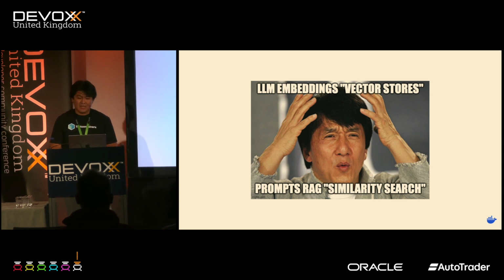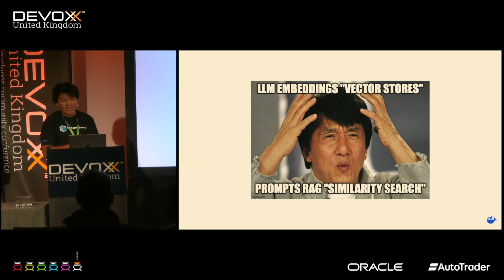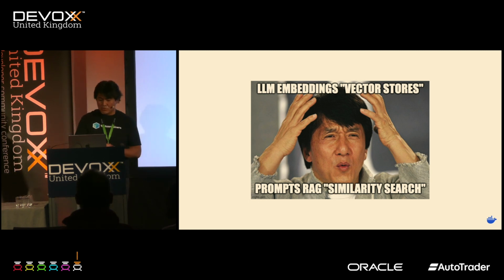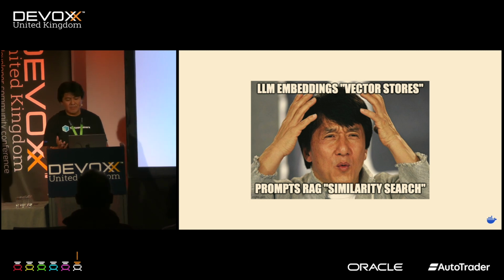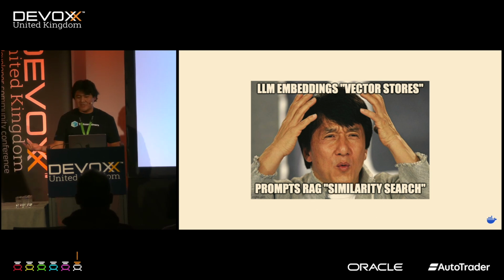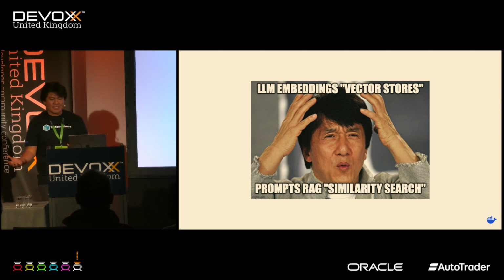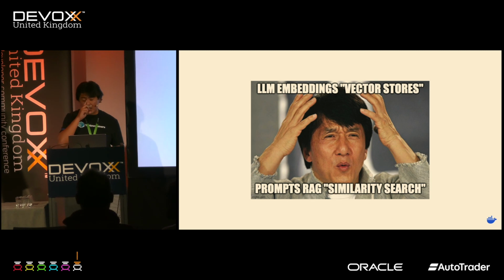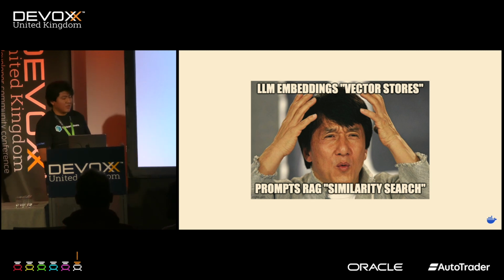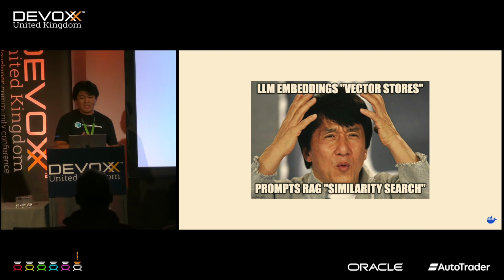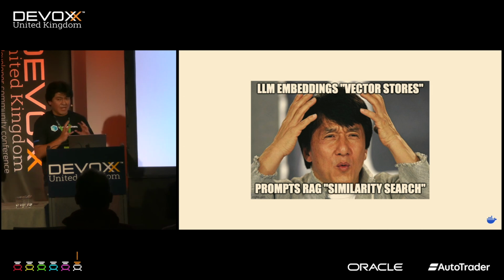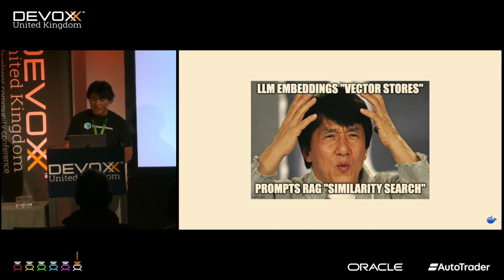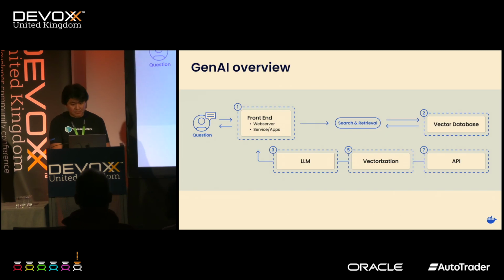RAG, retrieval augmented generation, will enhance the responses that you get from the models you are running. And also the similarity search. It's just a query that you perform against the database or the vector store, but it is based on the vector information that is stored, so the numbers generated by the embeddings.